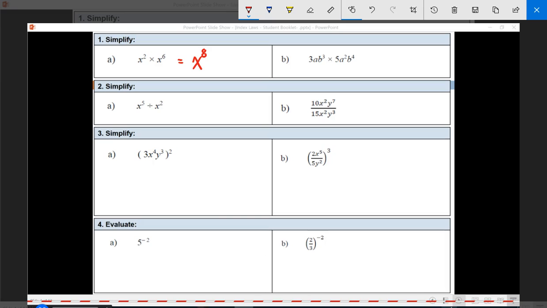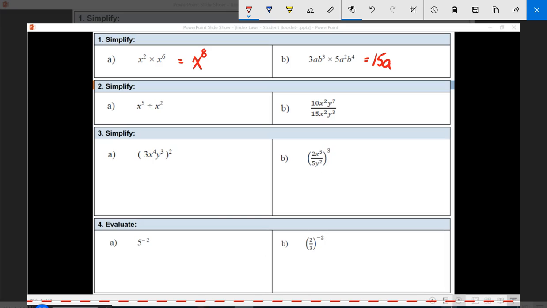Now, let's look at 1b. Now, guys, this is important because you can't forget about the numbers. I'm multiplying the numbers together, so the number out in front is now going to be 15. What index goes with the a in the 3ab cubed term?